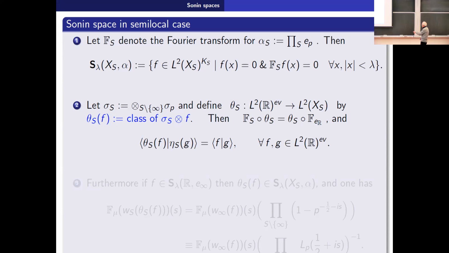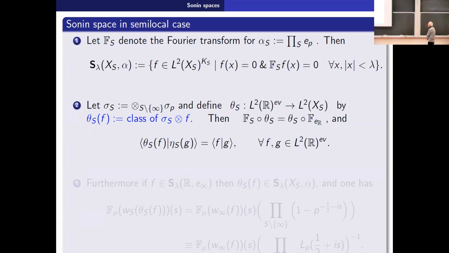Now, sigma of S, which includes sigma P, which I defined in the last paragraph, gives us a map theta S from the L2R even to the L2XS by just taking the class of sigma S tensor F. This looks similar to the eta map, but it's a different one because now you don't take the characteristic function of some compact thing.